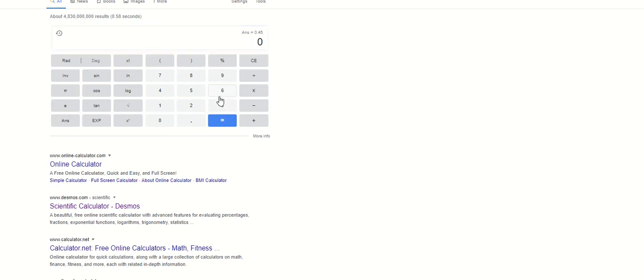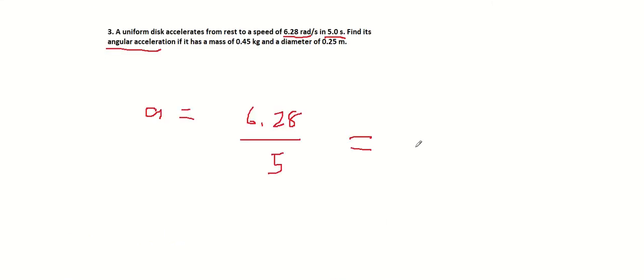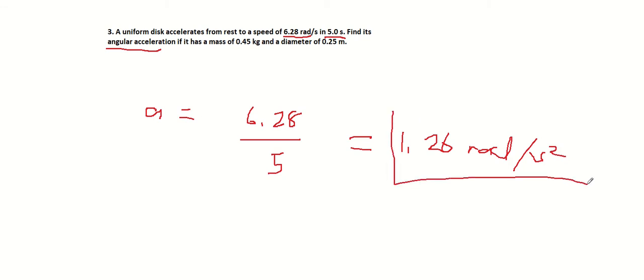So, calculator natin. 6.28 divided by 5, 1.26, round off na natin doon. 1.26 radians per squared second. Ayan. So, ngayon, meron na tayong angular acceleration. Proceed tayo dun sa fourth worded problem natin.